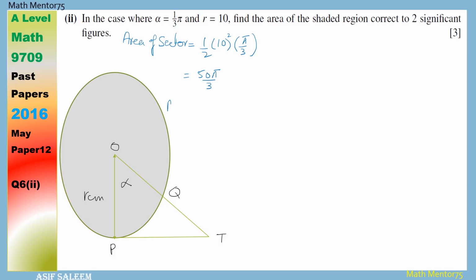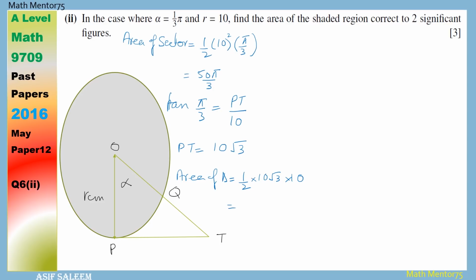Then area of triangle. Now for area of the triangle, we have to find the length PT first. So let's use trigonometric ratios. Tan pi over 3, PT is perpendicular, base is 10. So PT is 10 times tan pi over 3, which is square root of 3. So therefore, area of triangle, half into base into height. Base is PT, which is 10 square root of 3, and height is 10.